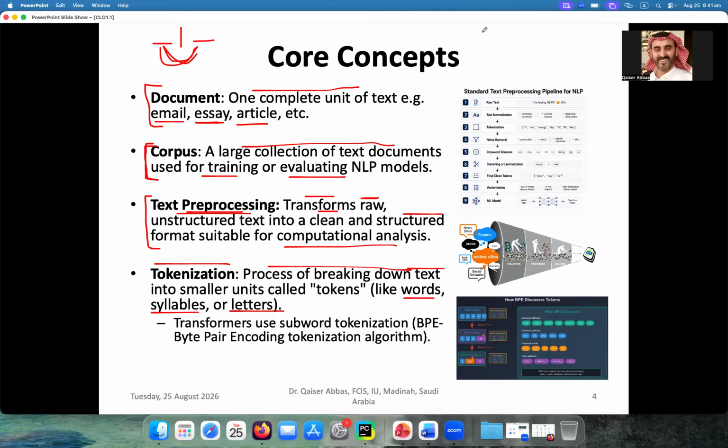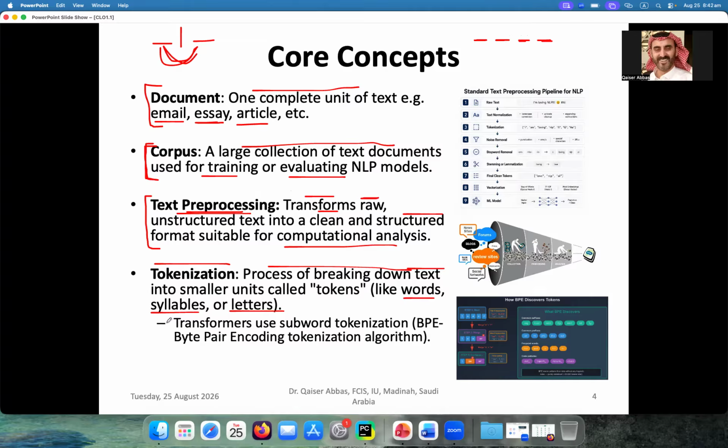If you take laptop, lap, to, p. So how many parts? Four parts. So there are four syllables in it. This is what syllable means.